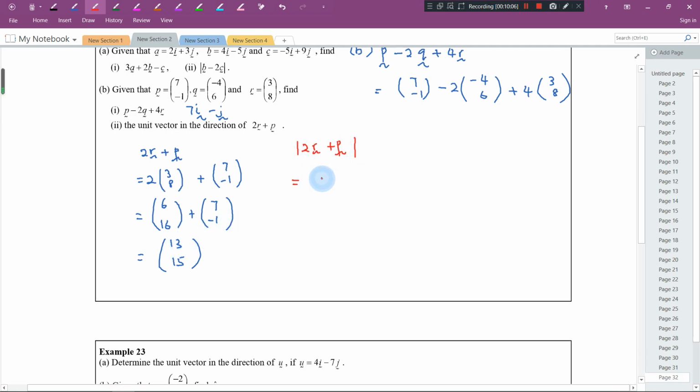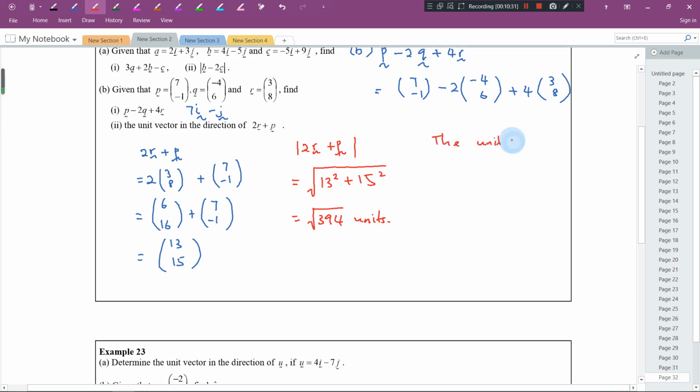So it will be the square root of 13 squared plus 15 squared. Just press the calculator, 13 squared plus 15 squared. So this is square root 394 units.